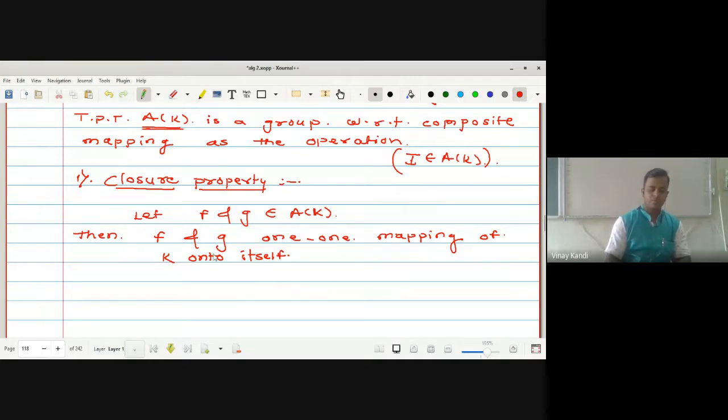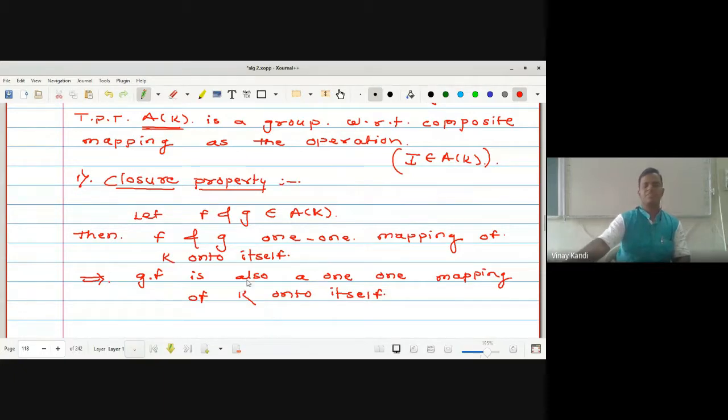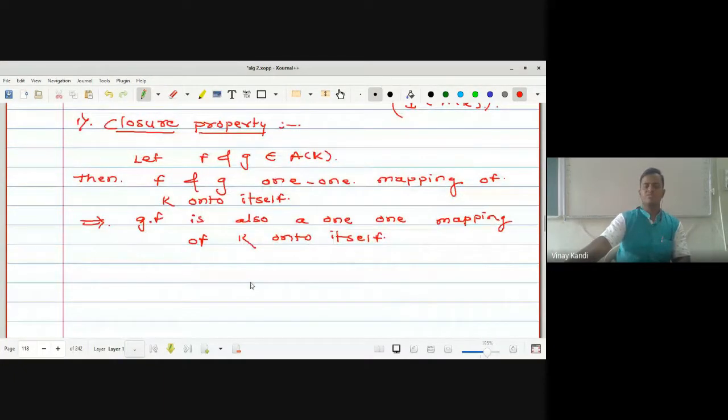Okay, now this implies G into F, composition of two functions, that is GF, is also a one-one mapping onto itself. Is it correct? If F and G are one-one, then G into F is also one-one.